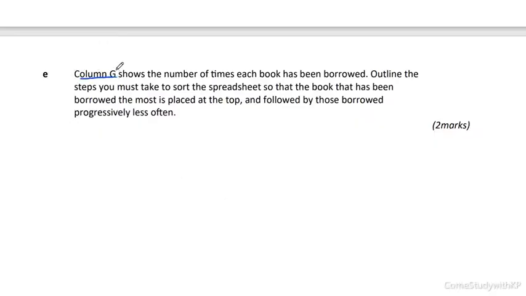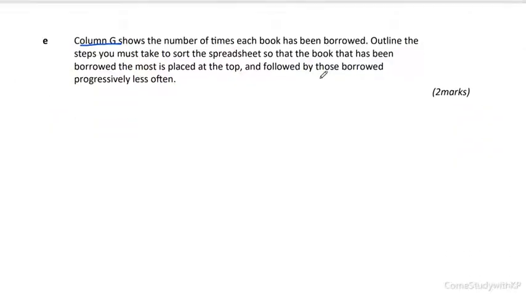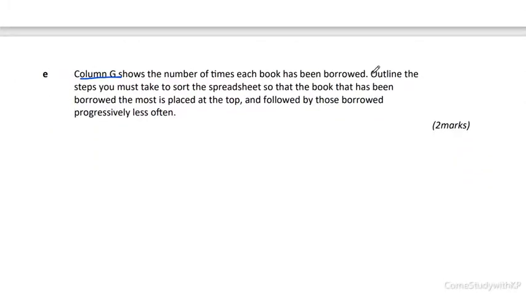Now, column G shows the number of times each book has been borrowed. So we go back again. G, number of times the book has been borrowed. Outline the steps. So we're going to give some instruction now. The steps you must take to sort the spreadsheet so that the book that has been borrowed the most is placed at the top, followed by those borrowed progressively less often.